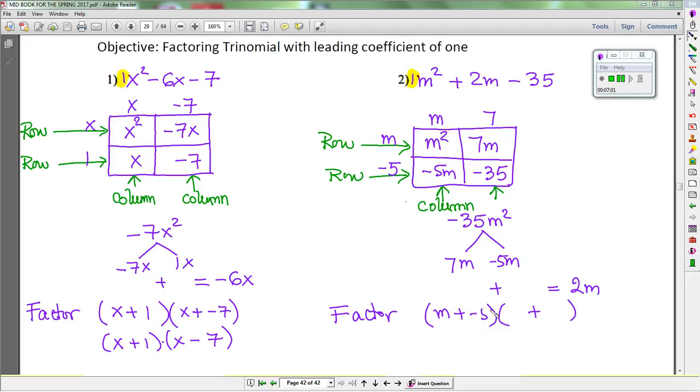So we do m plus negative 5, and then m plus 7. And of course, if you have a plus sign and a minus sign, you can simplify. So m minus 5 times m plus 7, and you can check it by looking at your box right here. This is just the product, and you can check it quickly.